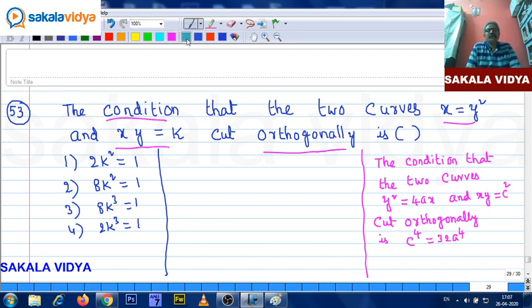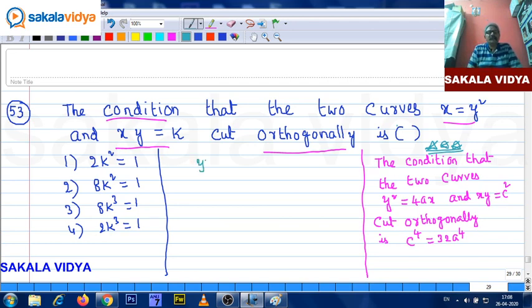So, you remember this is very important. Here see, now let us compare here.